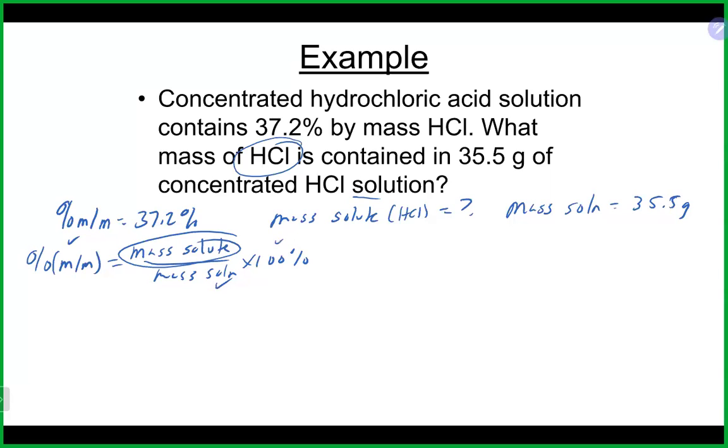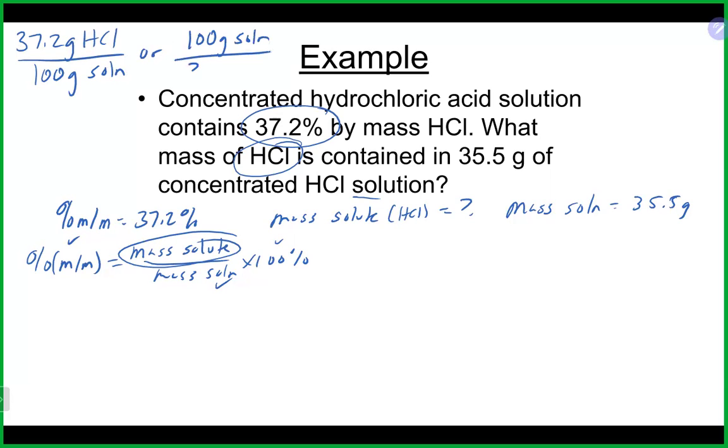The other approach you could take is a more dimensional analysis approach. So since it is 37.2% by mass HCl, what that means is there are 37.2 grams of HCl in 100 grams of solution. Or you could flip it around, 100 grams of solution is 37.2 grams of HCl.